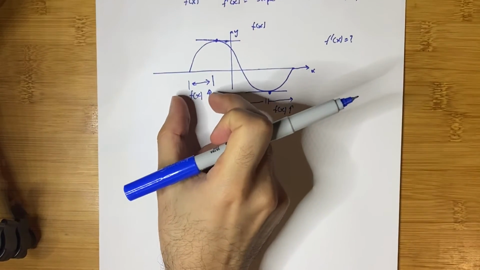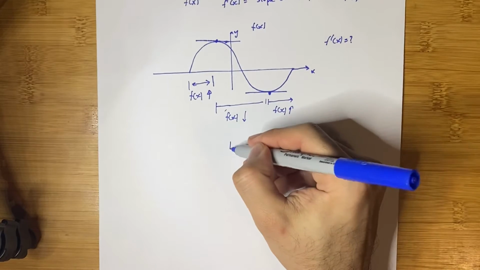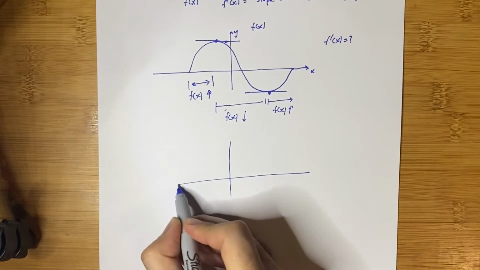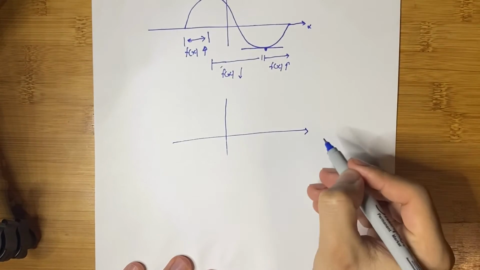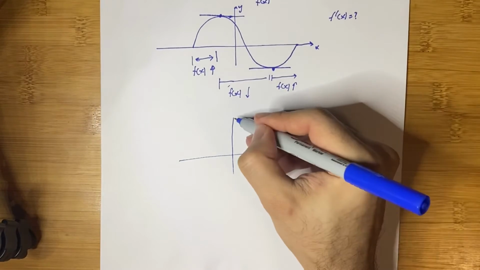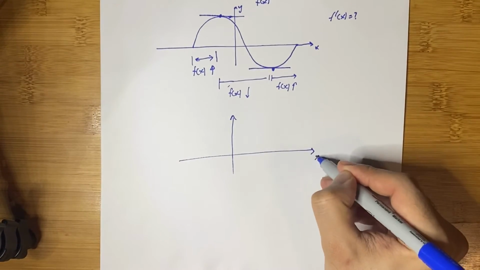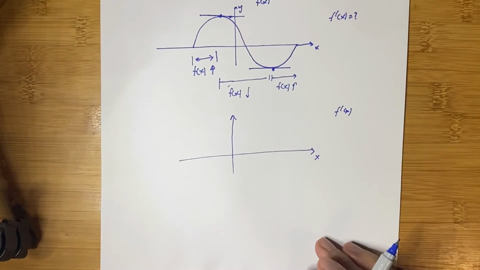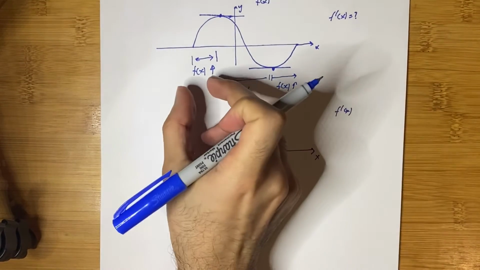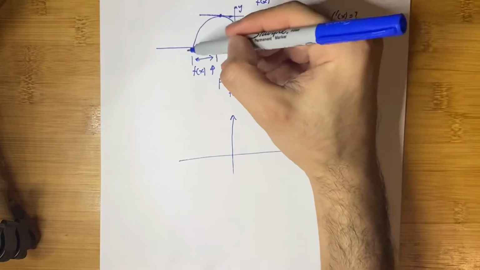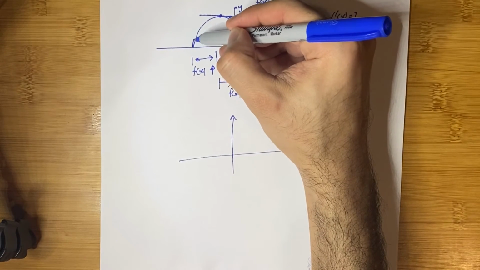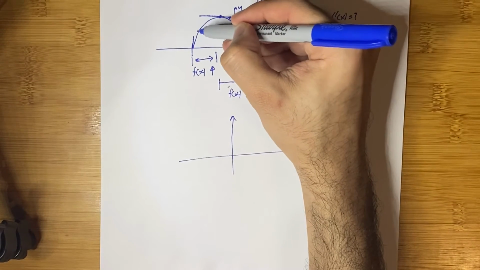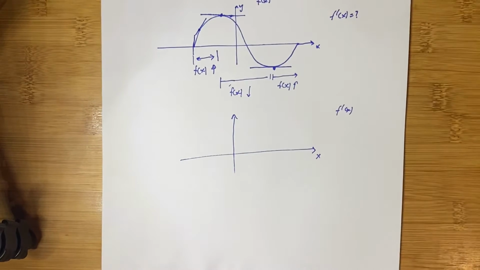So let's take this segment first. Let's graph it below. This is again x, and that's f prime of x. So from here to here, what we notice is the slope here is the steepest, and then here the slope is going down.